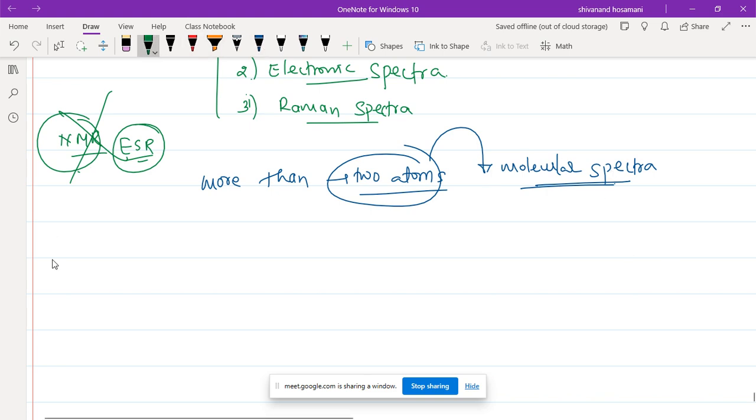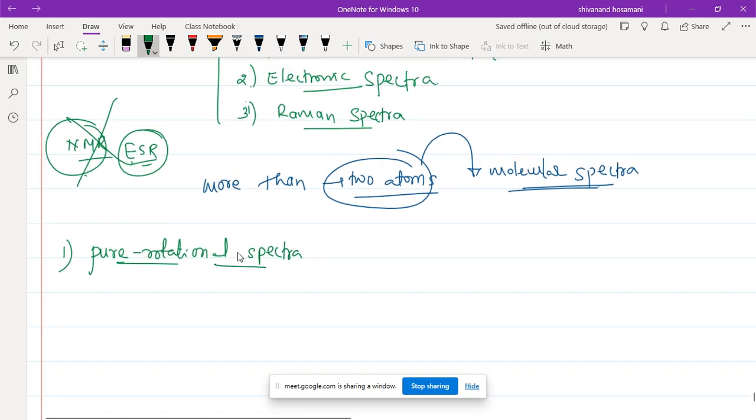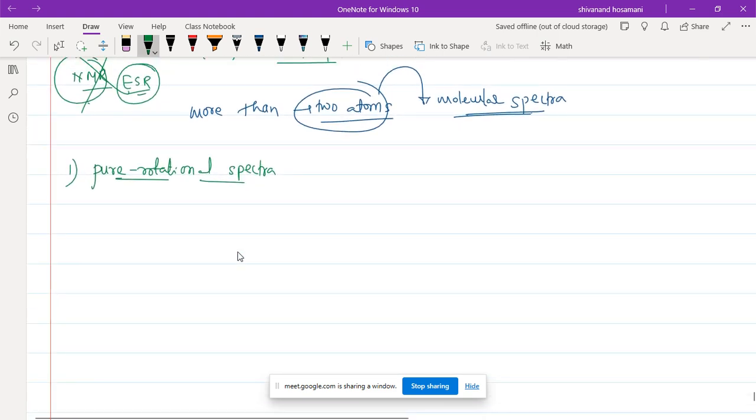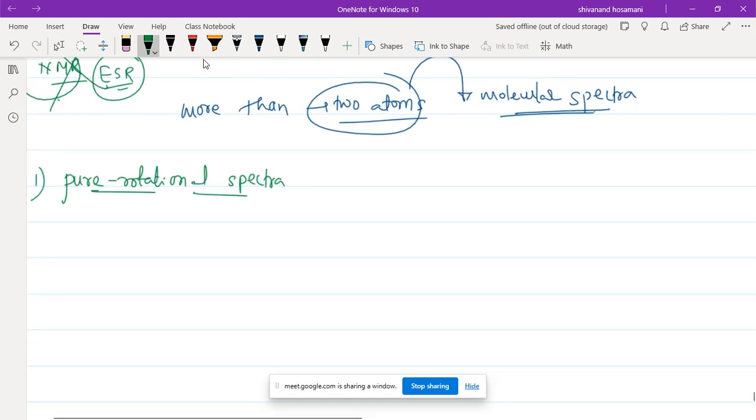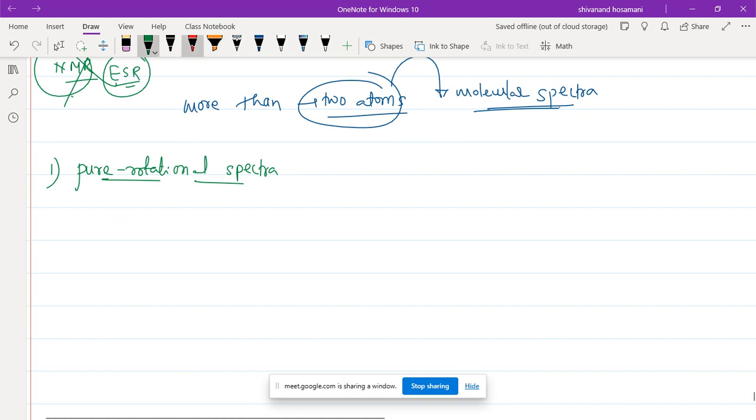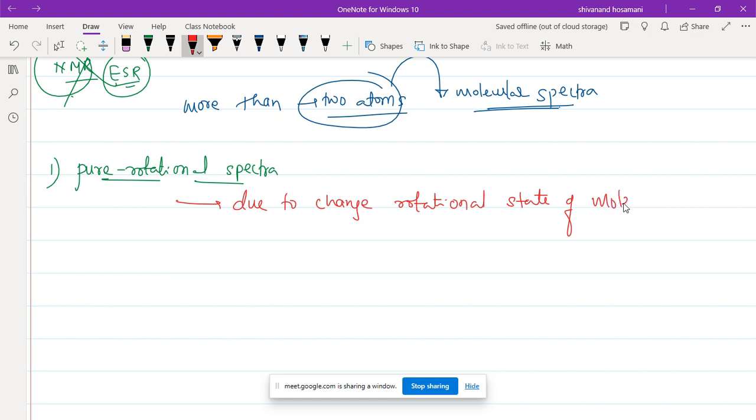In the case of pure rotational spectra, it arises due to the rotation of the molecule, a change in the rotational state of the molecule.